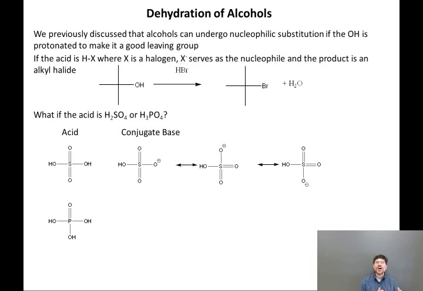Oxygens themselves are not particularly nucleophilic elements by virtue of their electronegativity. So the combination of the minus charge on oxygen and that minus charge being shared amongst 3 oxygens really makes this a poor nucleophile.